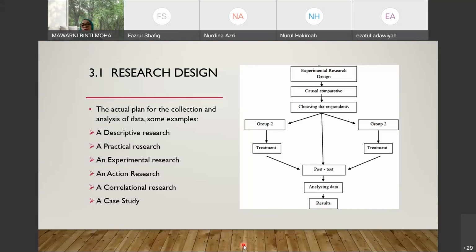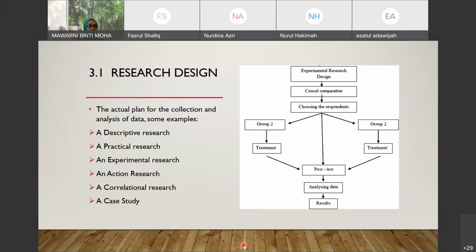So you put the whole aspects or the flow of your research in a form of a framework or a design. Please do it. So it gives you an immediate picture, idea about what you are doing as a whole. Some other you're doing descriptive, practical research, experimental, action, correlation, and case study.